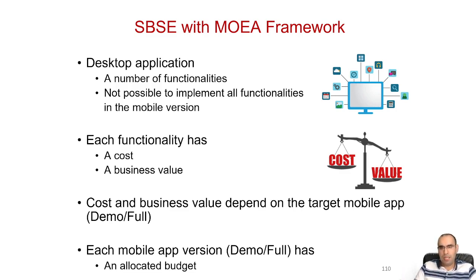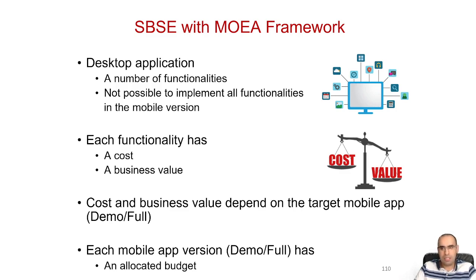Each functionality has its own cost and its own business value when implemented into the demo version or into the full version. In addition, the cost and the business value depend on which version of the mobile app is holding it. So for example, a functionality will have a cost of $200 and a business value of 30 in the demo version, but the same functionality can have a cost of 300 and a business value of 50 when it's implemented in the paid or full version.